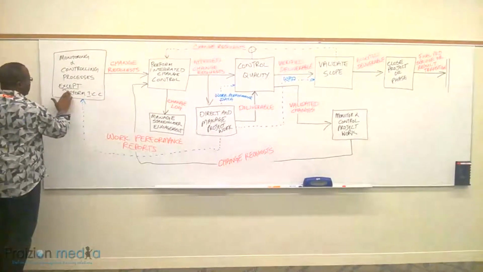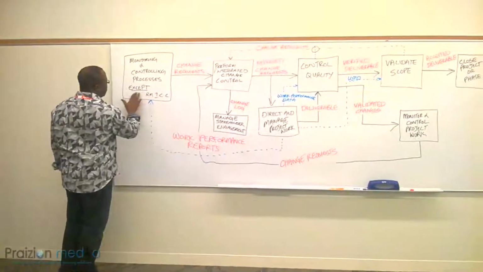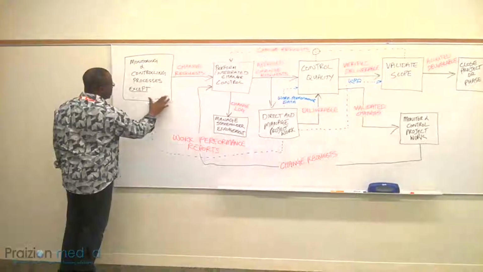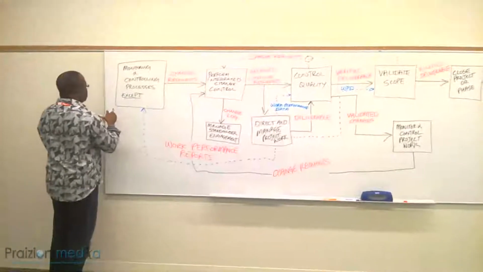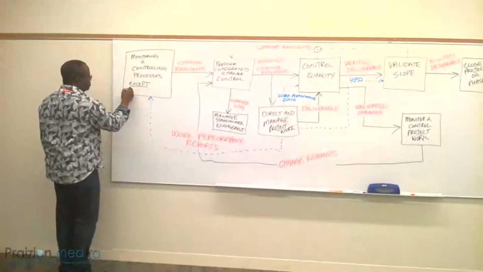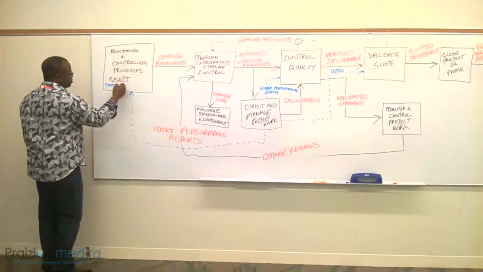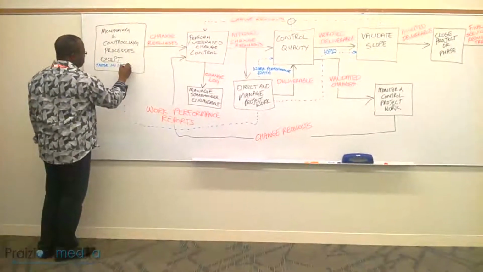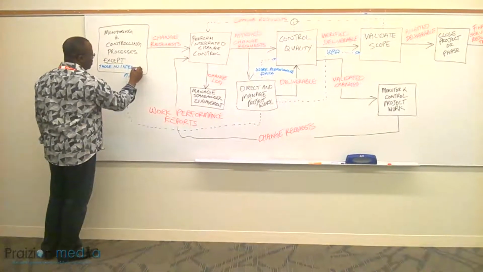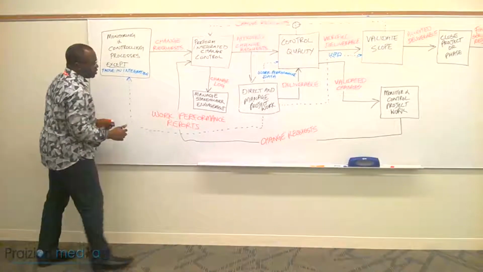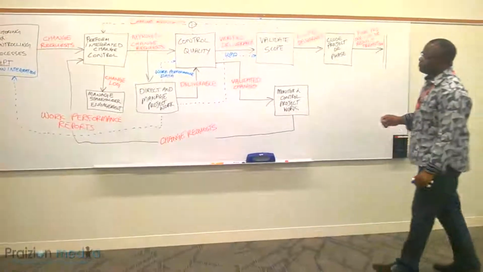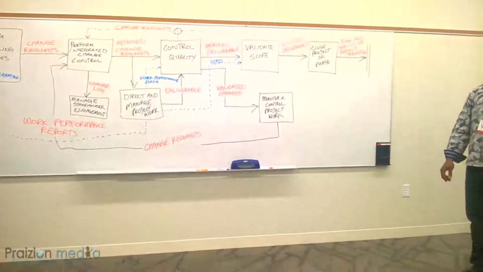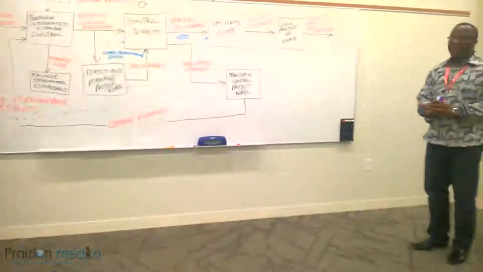I'm going to say monitoring and controlling processes except those in integration. You know why? Because WPD does not go to monitor and control project work. Okay? So, I think we're done. Up to 15 minutes.